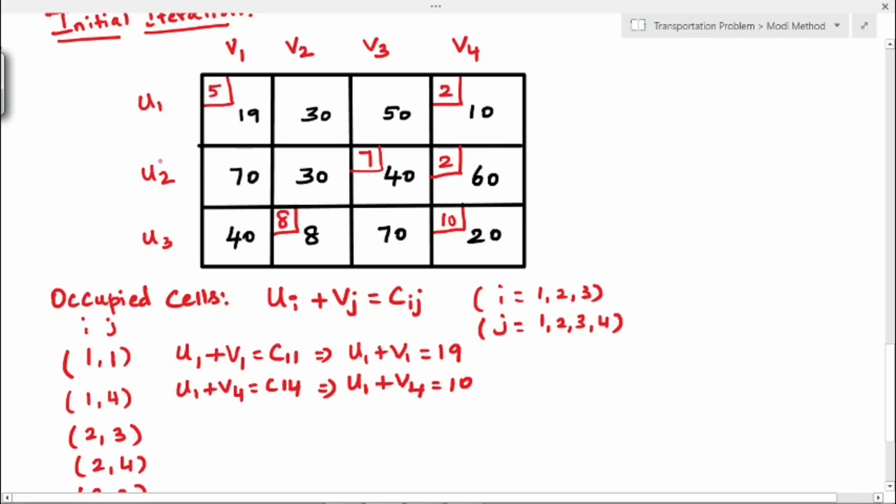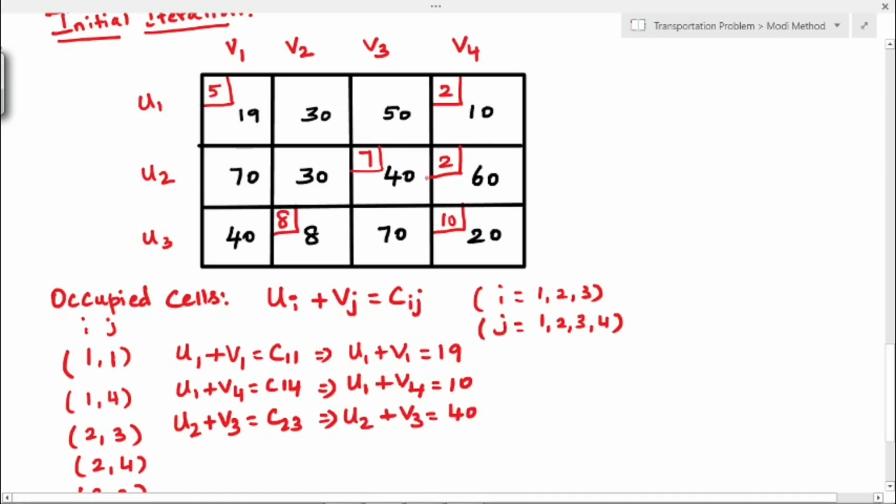Next, second row: U2 plus V3, here we have an occupied cell, equal to this value. What is this? 40. So U2 plus V3 equal to C23, which implies U2 plus V3 equal to 40.